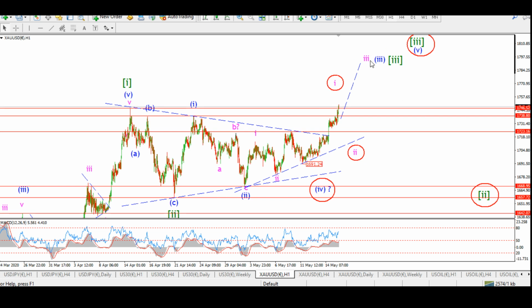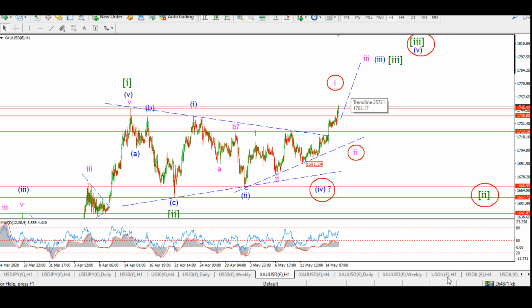So if we start there, we can work backwards. Right now, we've broken above all these internal resistance highs that were created over the last month or so. So things are looking good. Even if it is a 1-2 wave, things are still looking good for the medium term for gold, and most likely we'll end up with a new all-time high by the end of June anyway.